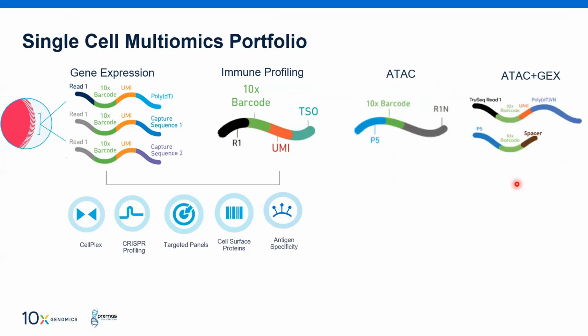And the last one is ATAC plus gene expression, which was launched last year, and many publications are coming up with this, because it is able to capture the chromatin of the same nuclei and the RNA of the same nuclei. So the epigenomic landscape of the same cell and the transcriptomic landscape of the same cell. So how they are interrelated, and how correlations can be made very easily without any difficult bioinformatics pipeline.